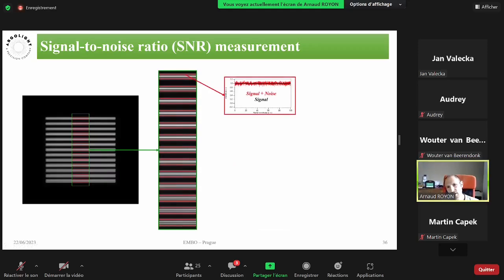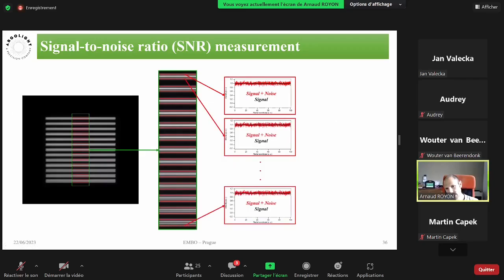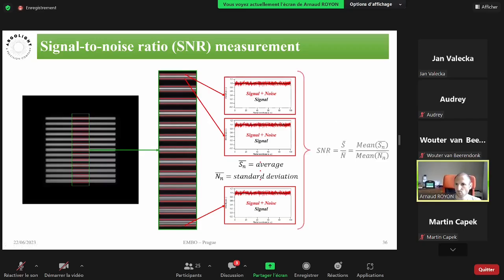We get these kinds of plots, which are the sum of the signal and the noise. We say that the signal is the average of the line profile, and the noise is the standard deviation of the line profile. We average the signal and the standard deviation, and we take the ratio of one to the other, and we get the signal to noise ratio.